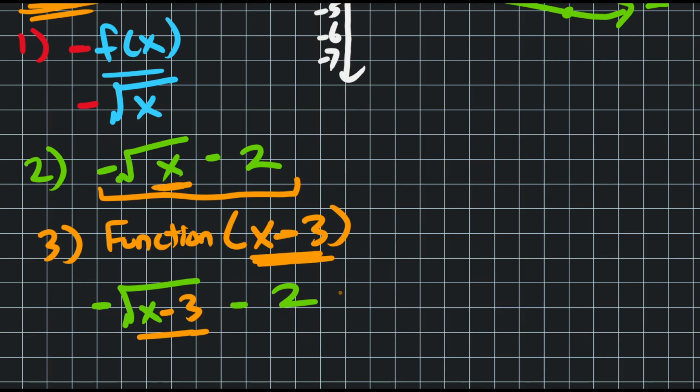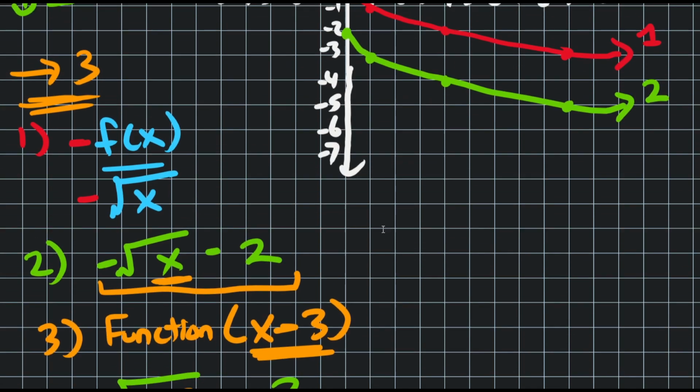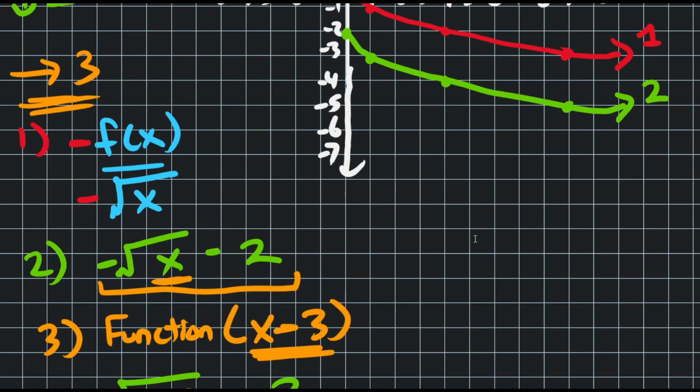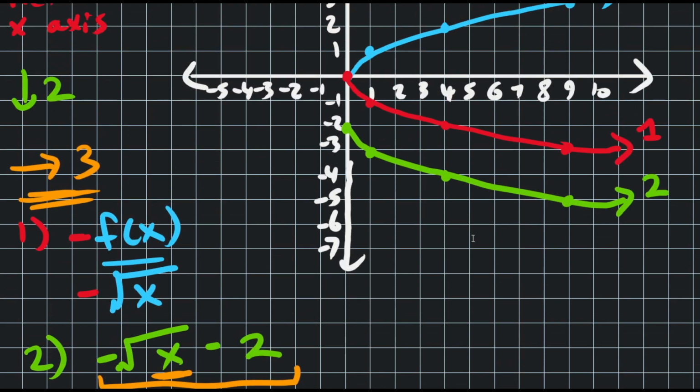So that shifts it 3 spaces to the right. So this new function, which we'll call g of x, is negative radical (x minus 3), then minus 2. So we are just going to shift the green function up here, and let's draw that in orange.